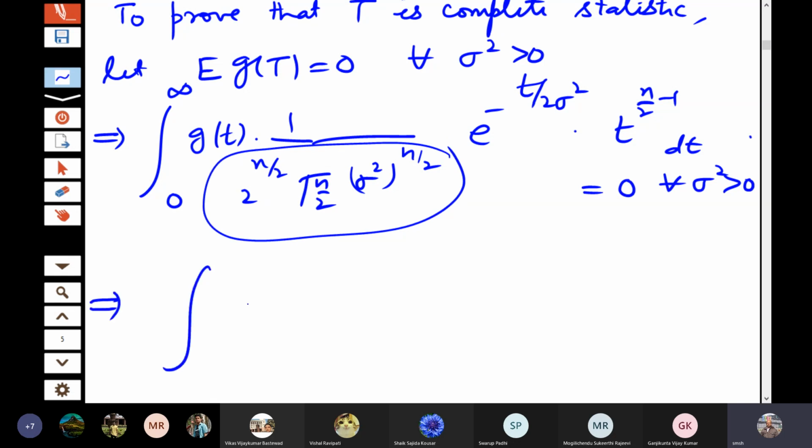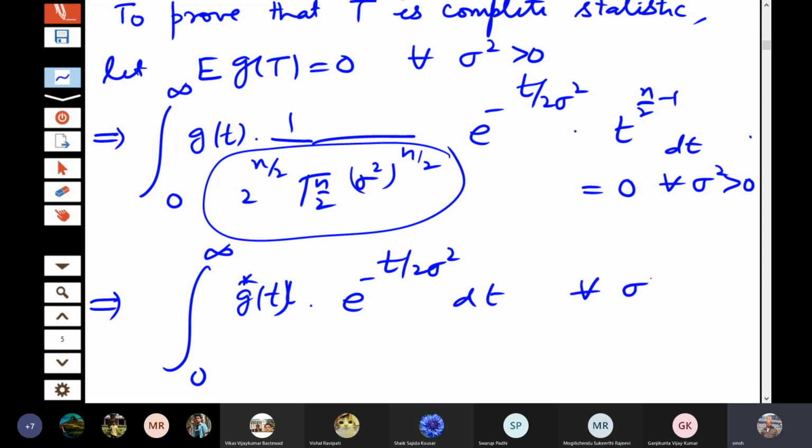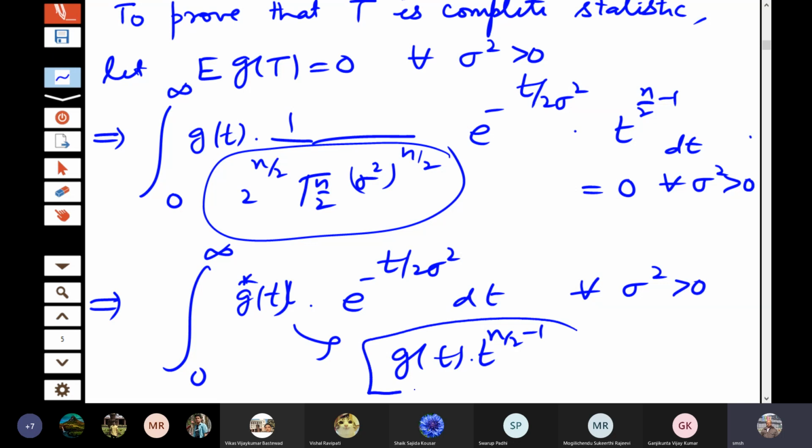I can write it like this: g star t e to the power minus t by 2 sigma square dt, from 0 to infinity, where this g star t is nothing but g(t) into t to the power n by 2 minus 1.